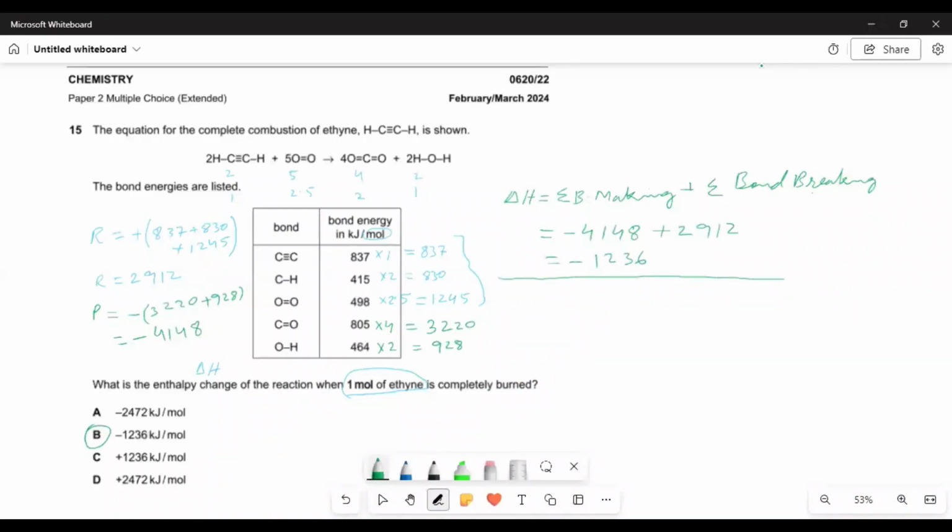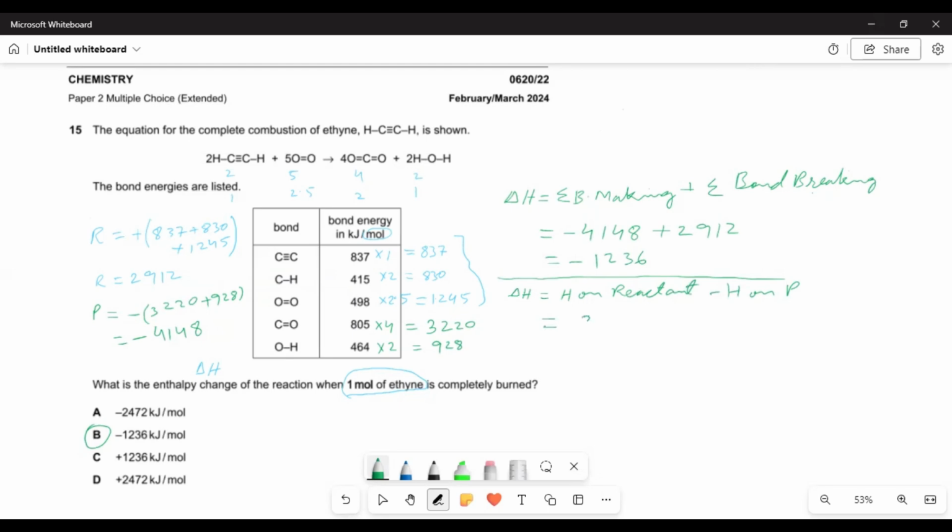And another way of calculating this delta H is the energies on the reactant side, all the enthalpies on reactant side minus enthalpy on product side, sum of all enthalpies.